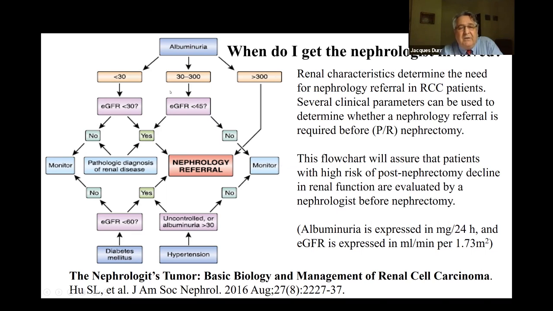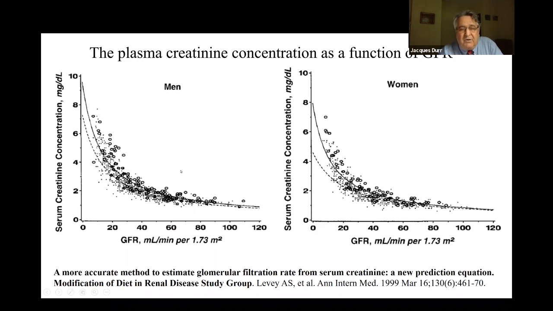And depending on those risk factors and baseline problem, you will get a nephrologist involved. In rare cases you don't need to, but this is basically a guide for you to know when to get a nephrologist involved.